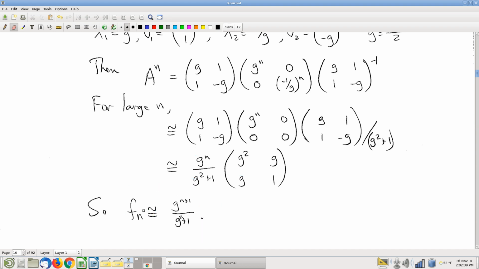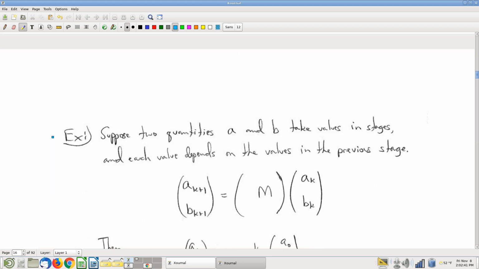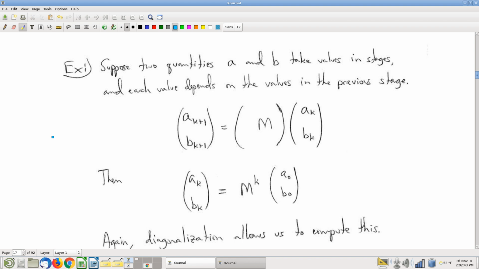Okay, the next page example is not at all fleshed out. I just want to point out that this structure can come up in other circumstances. Imagine a scenario where you have some system that you're trying to keep track of. Maybe it's an engine you're designing, or some sort of contraption, and it takes values in stages.